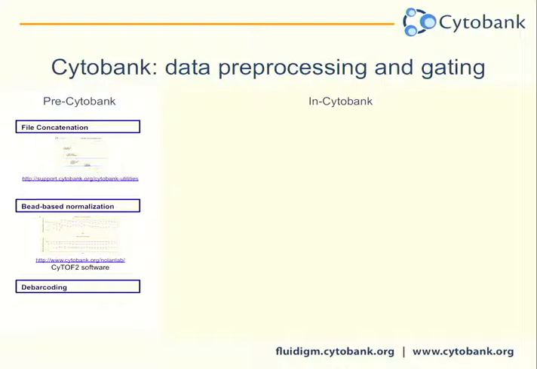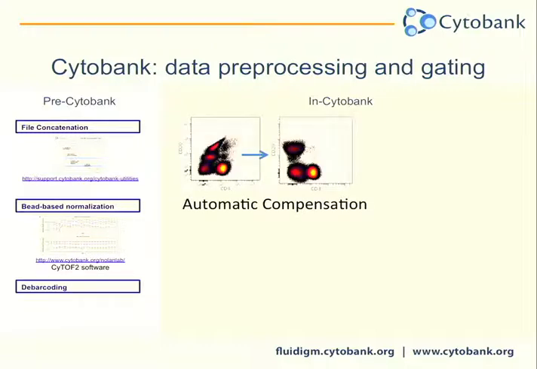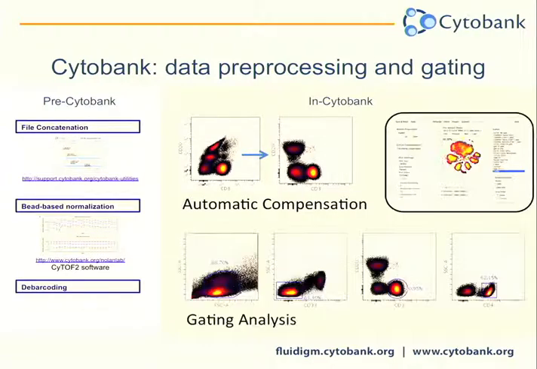We also host the original software published, I think, the year before last. Within Cytobank, we also provide all the basic tools for manual analysis, which include automatic compensation for fluorescence flow cytometry, as well as gating analysis on our platform. And that's an example of gating on your Visney plot within the Cytobank platform.